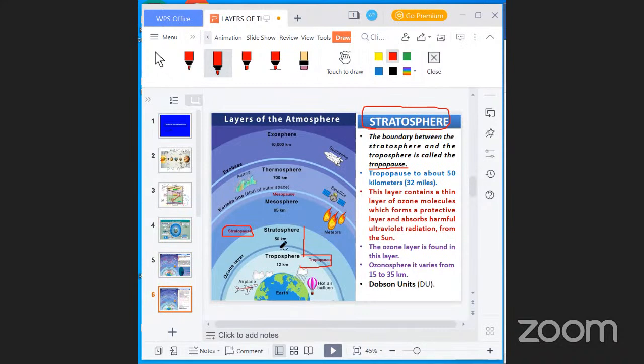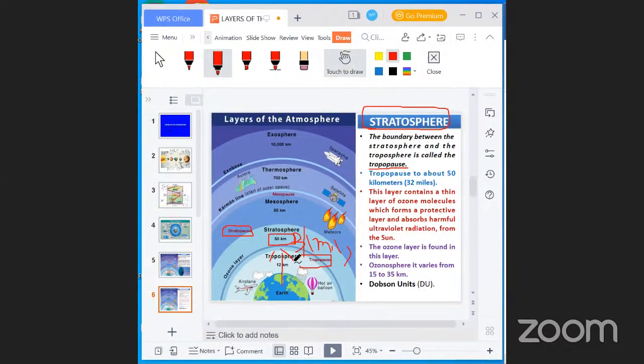It is about how many kilometers? 50 kilometers. That is 31 miles above the earth surface.